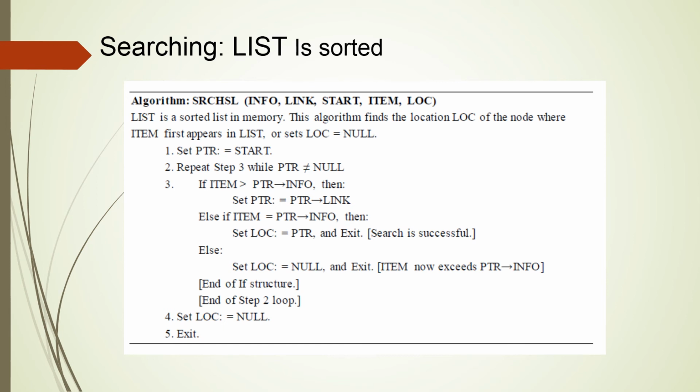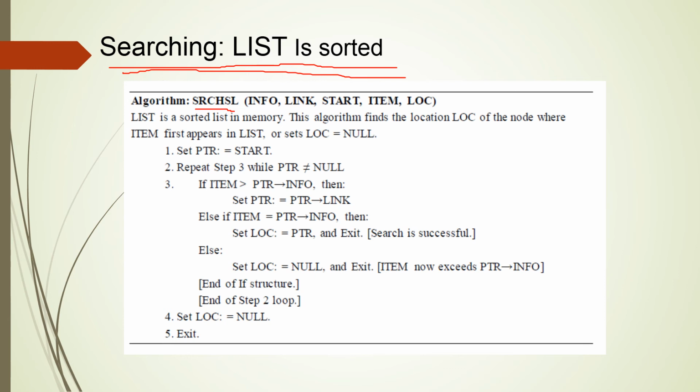Now we'll see how to search an element which is already in a sorted order. So searching an element from a sorted linked list is a bit different than searching an element from the unsorted linked list. So name of the function is srch sl, search sorted list.